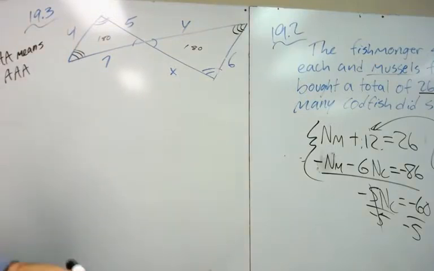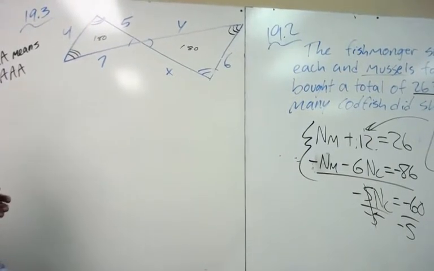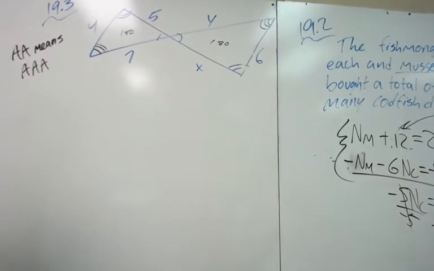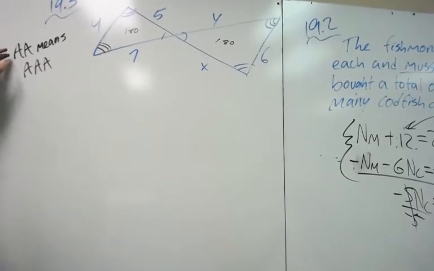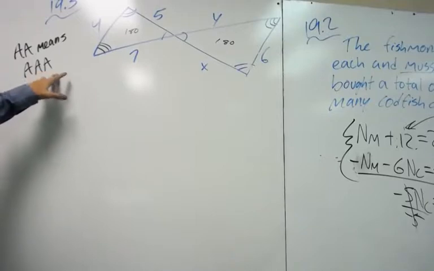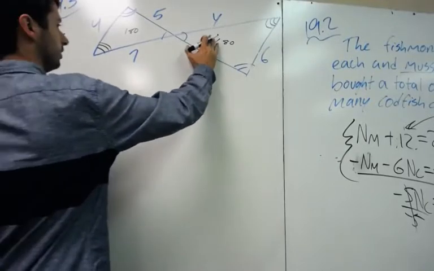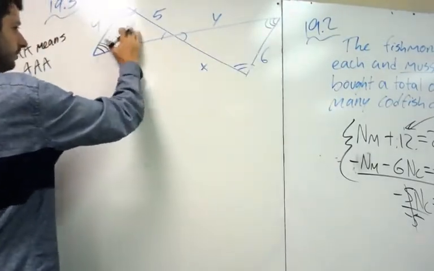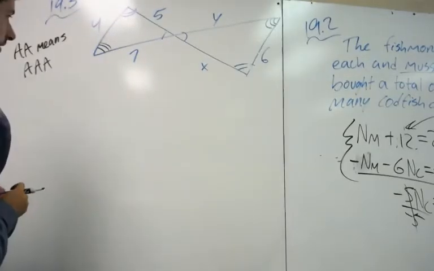Because there's only going to be one number that you can plug in there that's going to equal 180. So that's why angle-angle means similarity theorem. Now these aren't congruent because side lengths are different, but they are similar.